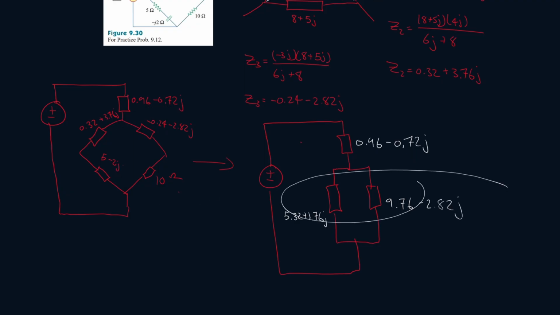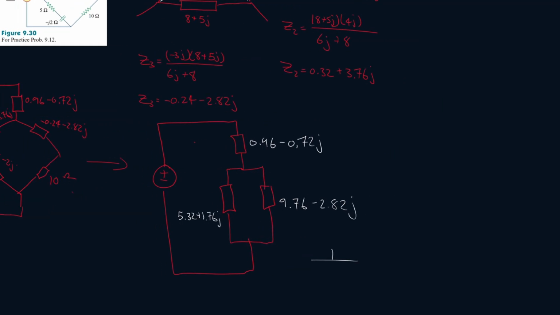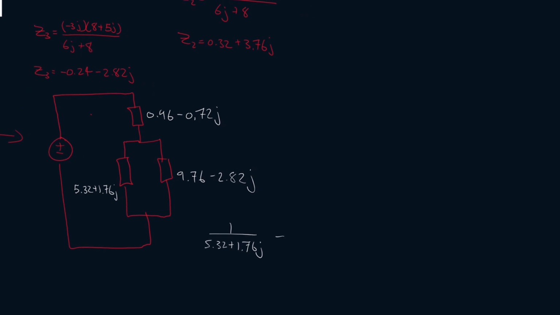Now these two are in parallel, so it'll be 1 over 5.32 plus 1.76j plus 1 over 9.76 minus 2.82j, all to the power of minus 1.